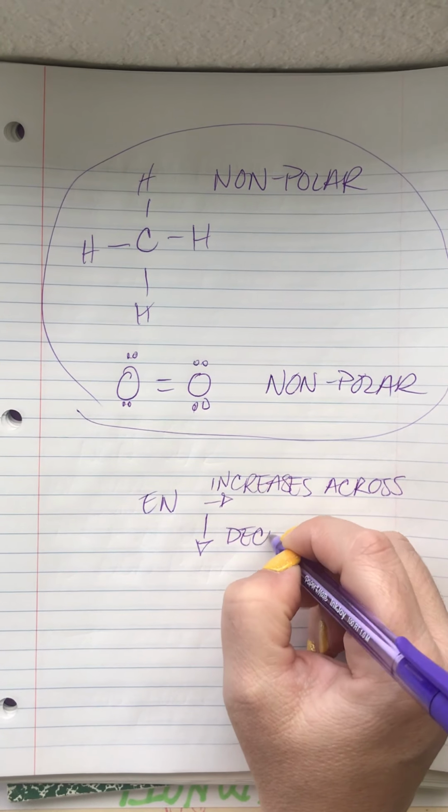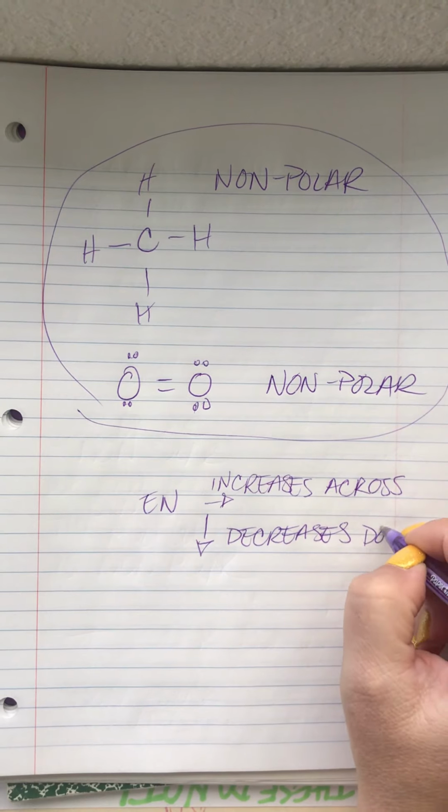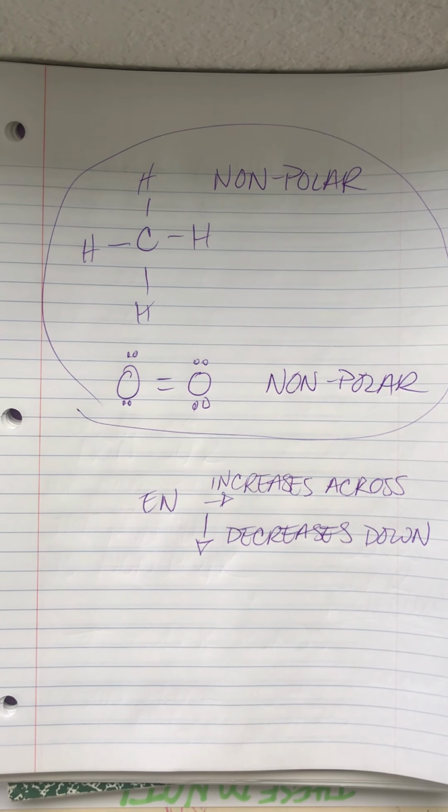Right. We'll look more at that when we get into the PowerPoint. But the electronegativity values are given on the periodic table.